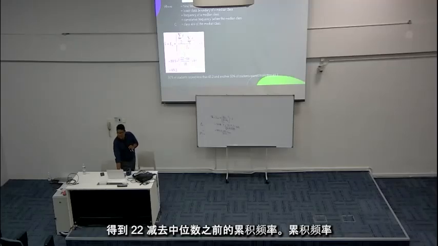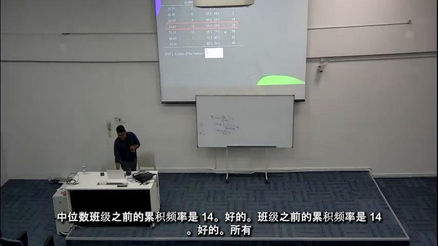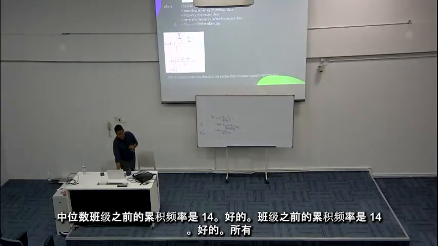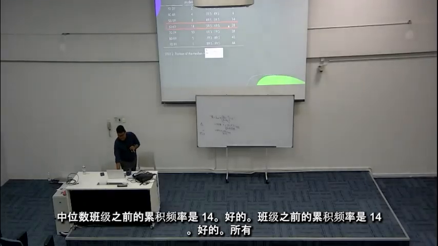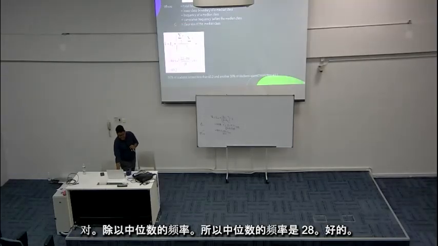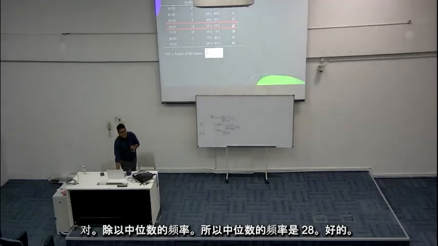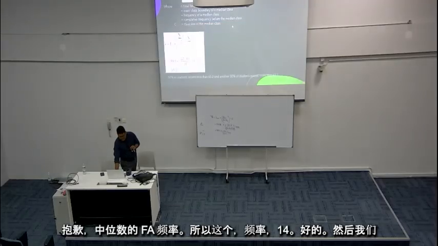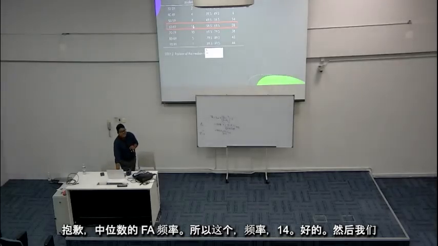Minus the cumulative frequency before the median class, which is 14. Divided by the frequency of the median class. Sorry, the frequency of the median class is 14.